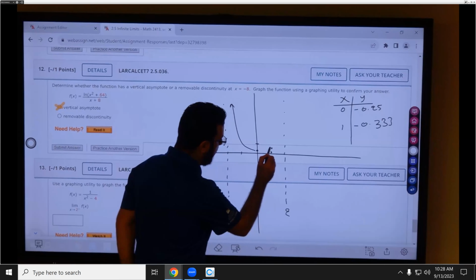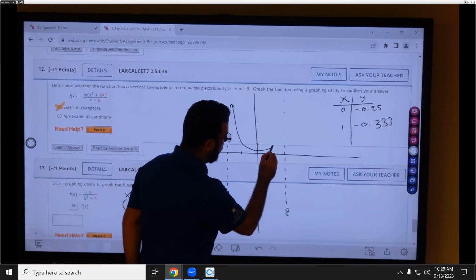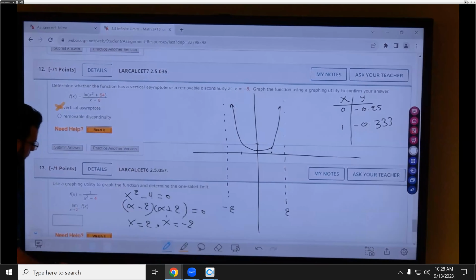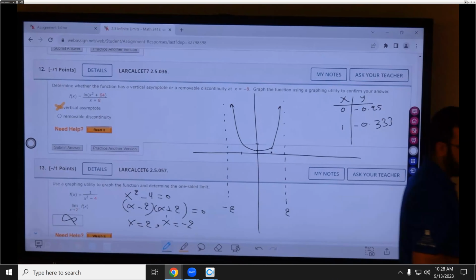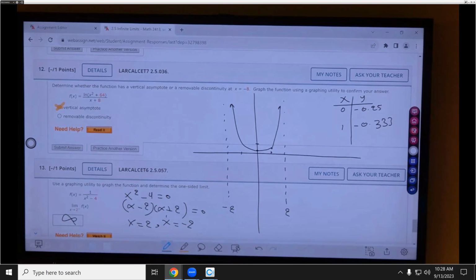So 0.25, 0.3, the function goes here. And it gets bigger and bigger.